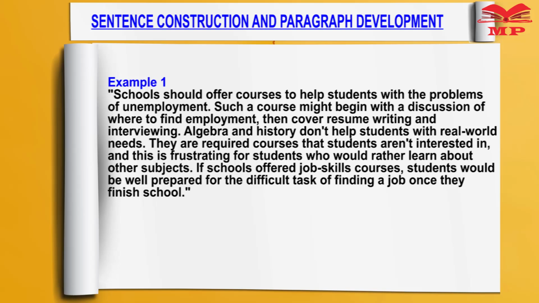The writer begins with the topic of job skills courses, but veers off onto the topic of algebra. That is the third sentence. It says that algebra and history don't help students with real world needs. You can see here, the writer in the first sentences began by highlighting courses that students may pursue in order to attain skills. But in the third sentence, the writer veers off into algebra and history, which are courses that students don't need.